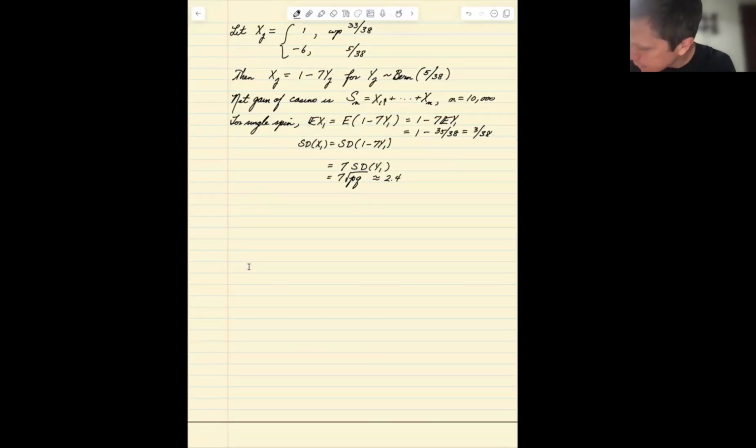So for 10,000 spins, what can we say? The casino's expected win is 10,000 times the expectation of its win on one spin, which was 3/38.